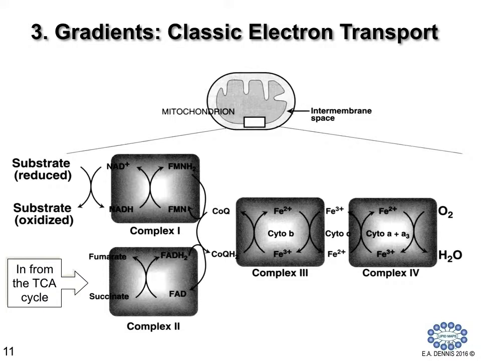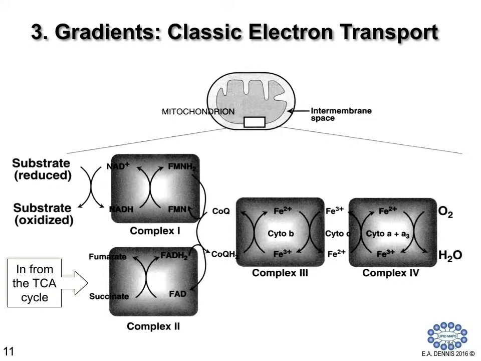The important point here is that there are several complexes in the electron transport chain, numbered 1 through 4, and NAD is generated from the inner part of the mitochondria, and that NAD plus becomes NADH when it picks up an electron.